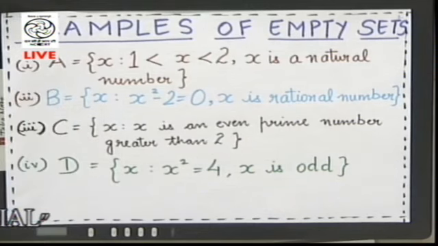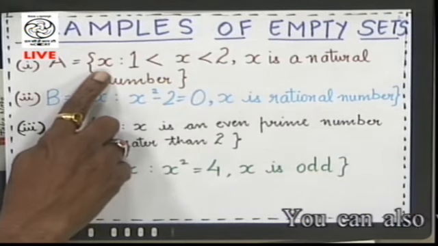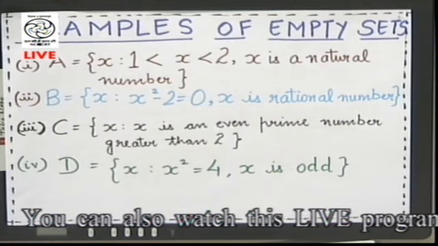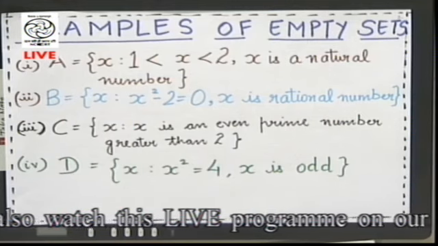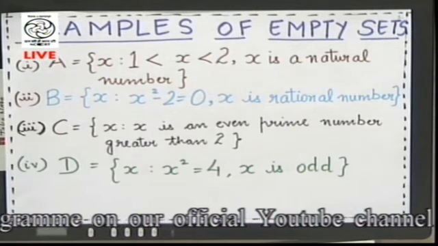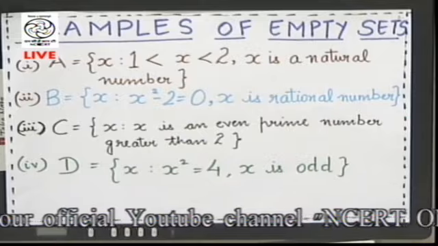Now we have certain examples of sets. For example, we have this set in the set builder form: the set A is the set of all x such that 1 is less than x is less than 2 and x is a natural number. Do you have any natural number between 1 and 2?